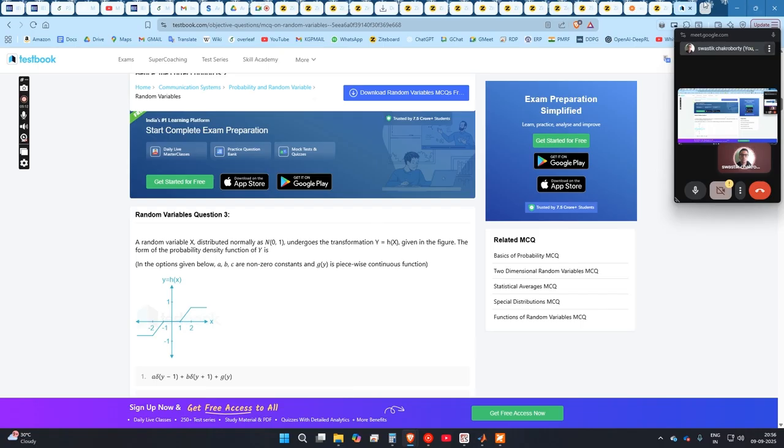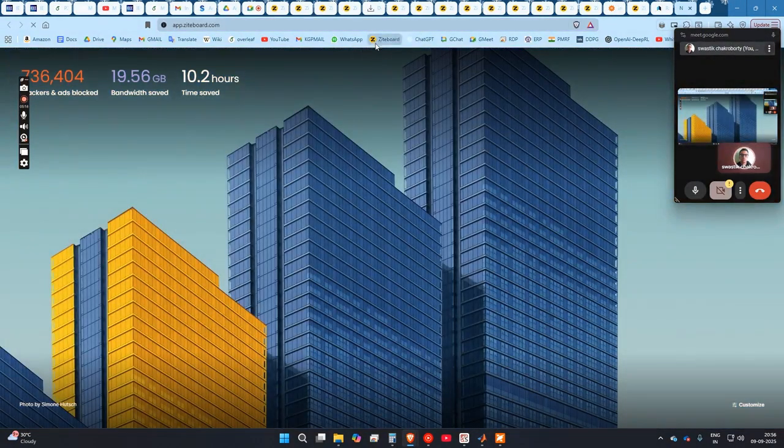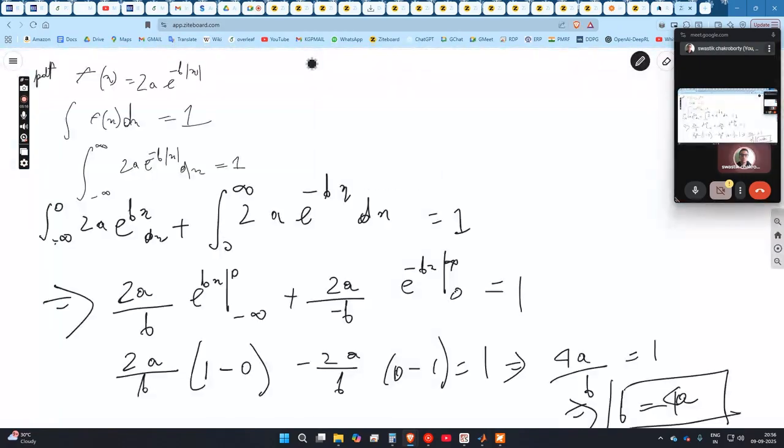Now this distribution is very important in communication because noise, signal and channel both are modeled using either Gaussian distribution or some derivative of Gaussian distribution or normal distribution.